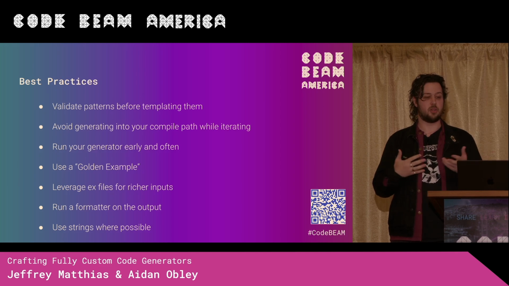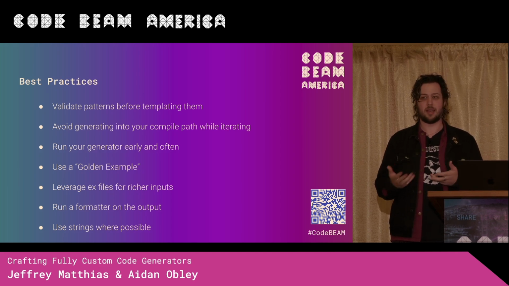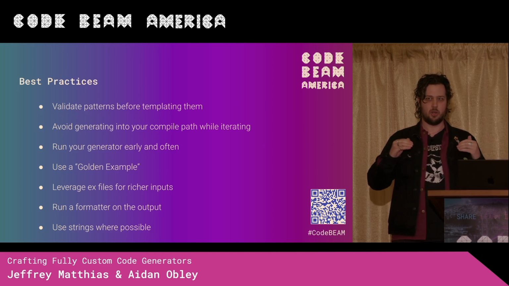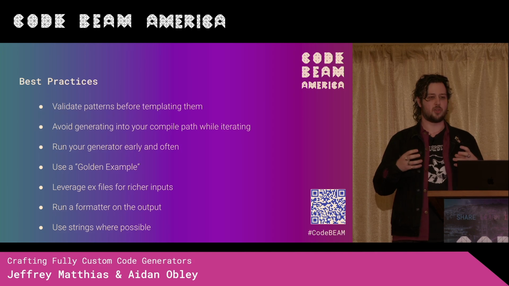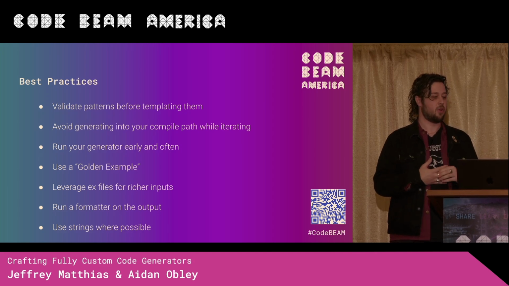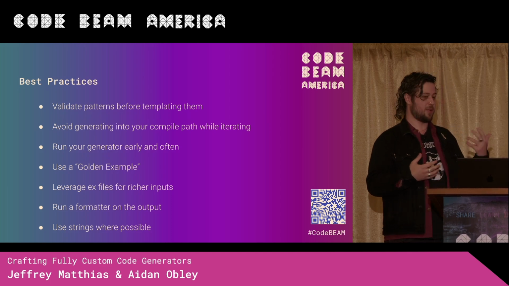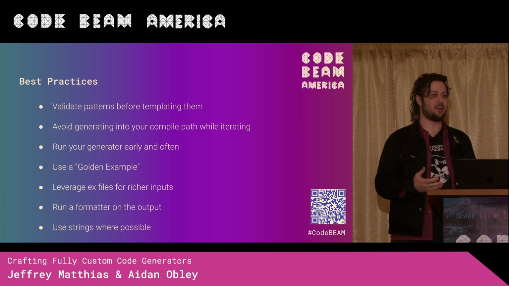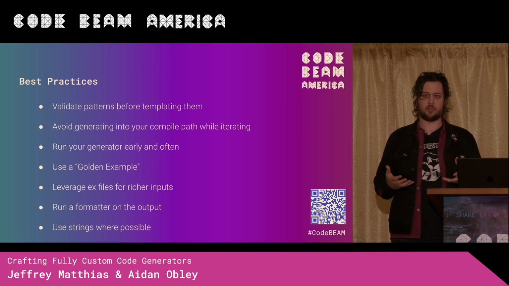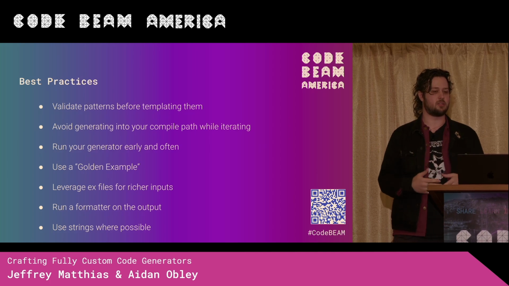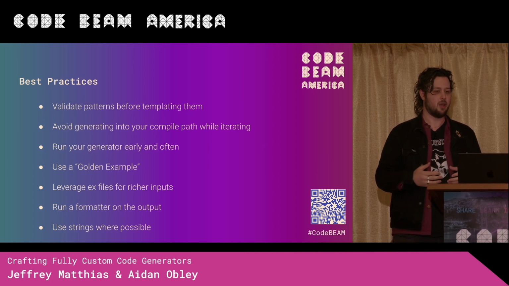As we've mentioned as well, using those complex input files like EX files or other data sources really helps, because trying to do something through the command line or trying to do something that's a little too naive in its structure is just going to limit your ability to pass configuration and pass data. As Jeffrey mentioned as well, we spent a little too long before we figured out about the formatter. Use the formatter. If you're using Styler, that might even be better for you if that's what's in your code base, because it will do that kind of moving the aliases around and reordering things for you. It'll save you a lot of pain.